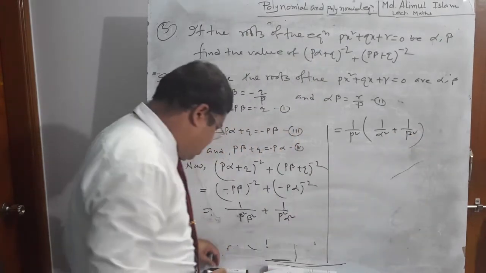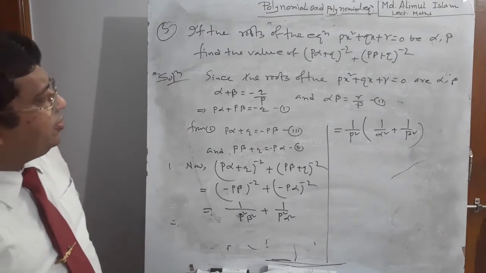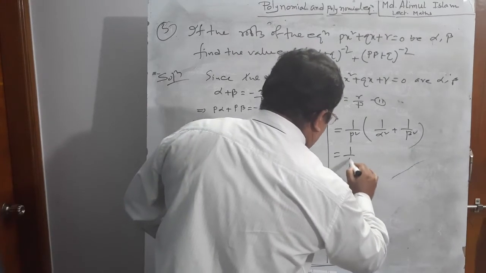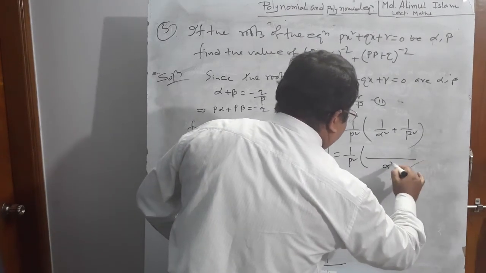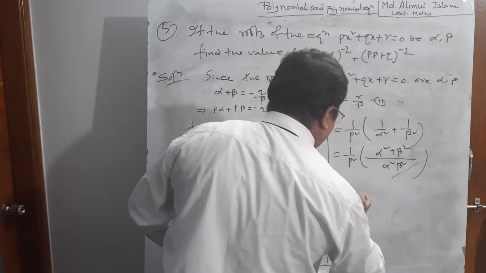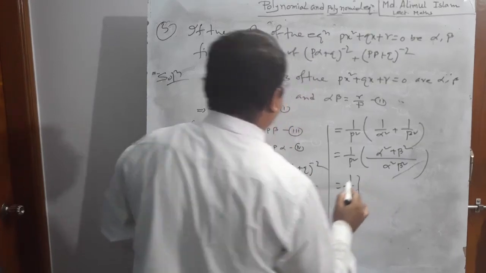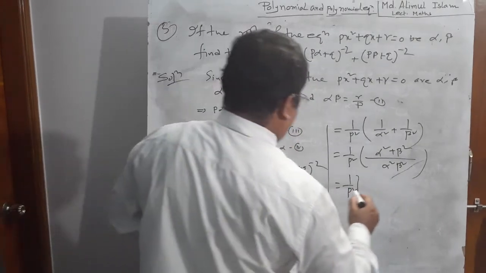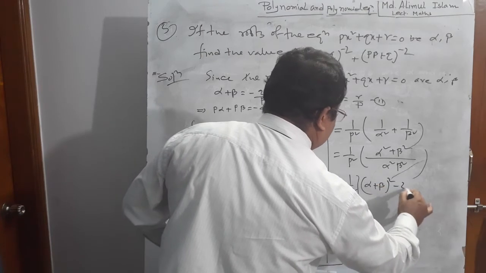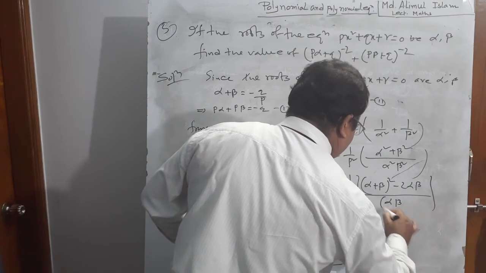Do you understand, my students? Very easily, step by step I am doing this, and you can easily solve. Then 1 by p², (α² + β²) over α²β². You apply the formula here: α² + β² = (α + β)² − 2αβ.